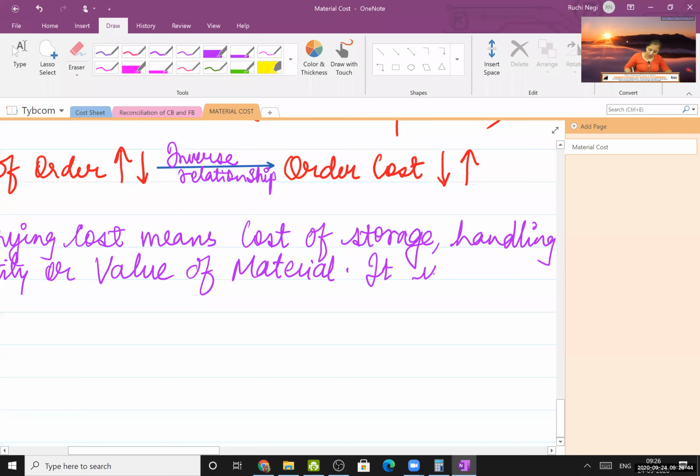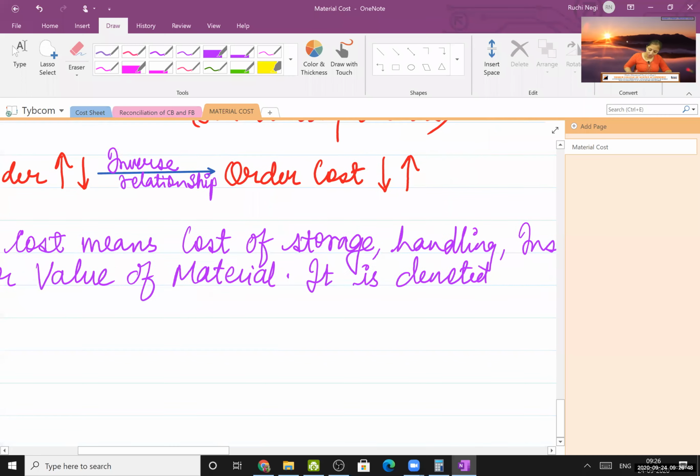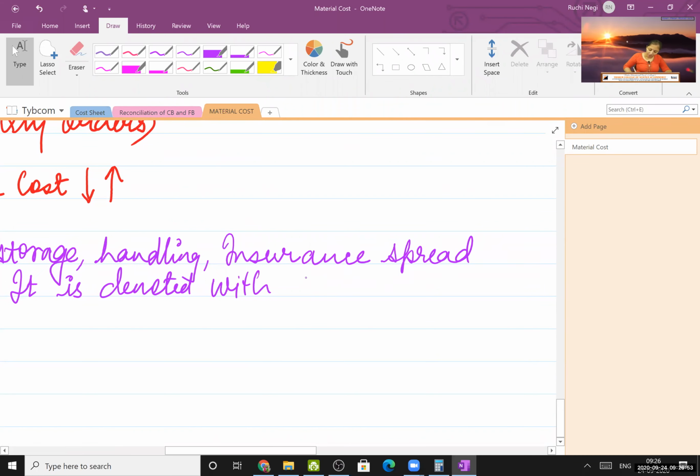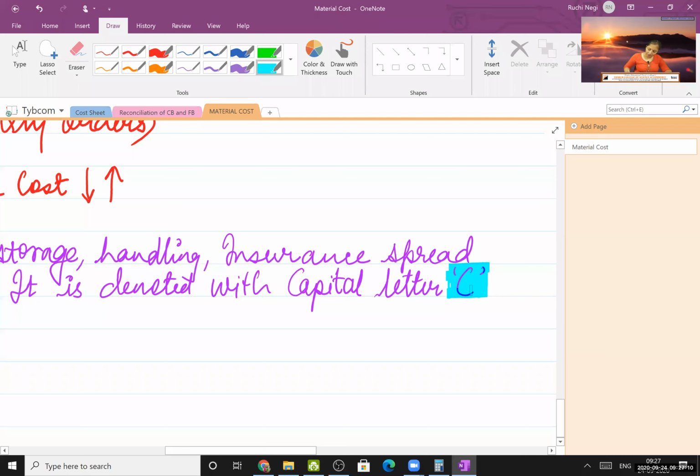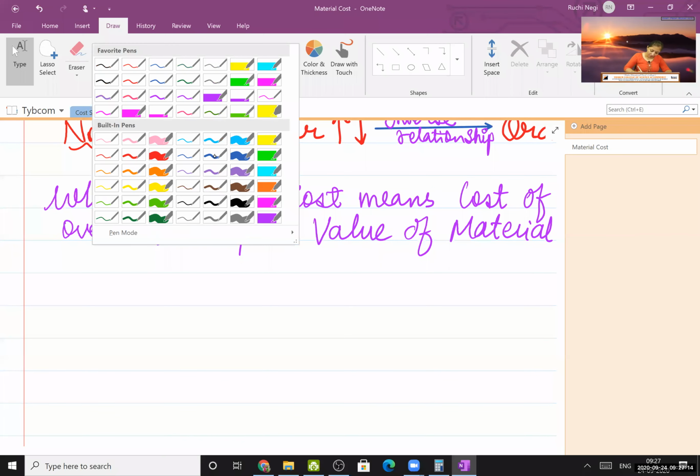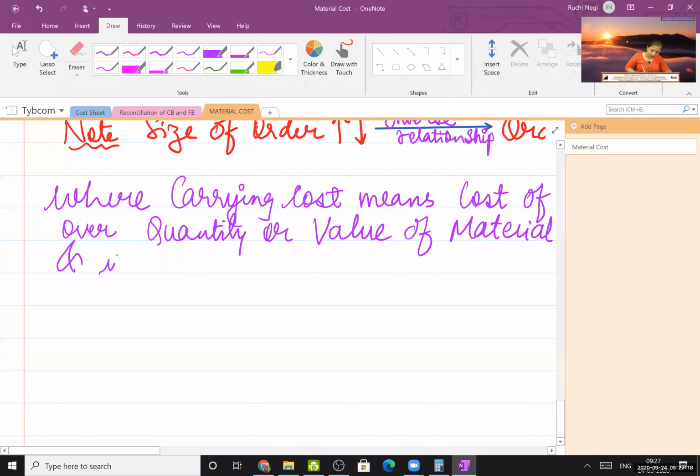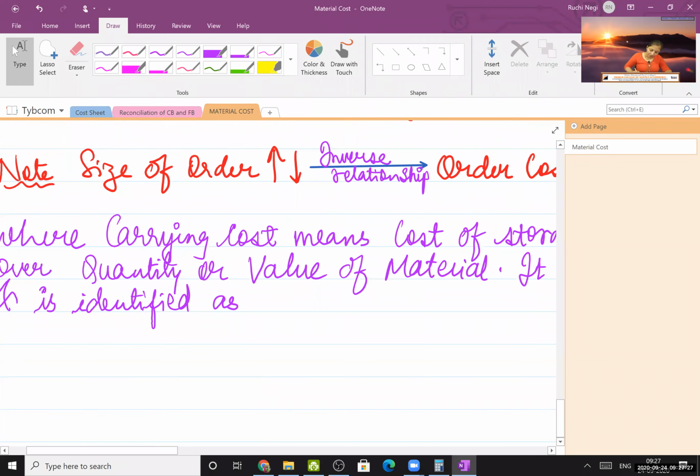It is denoted with capital letter C, this capital letter C, and is identified as percentage per unit, or per unit per annum.